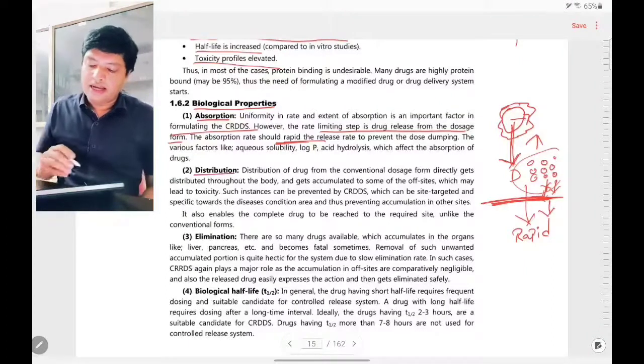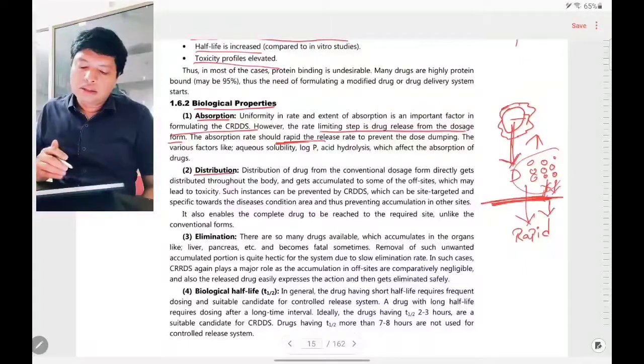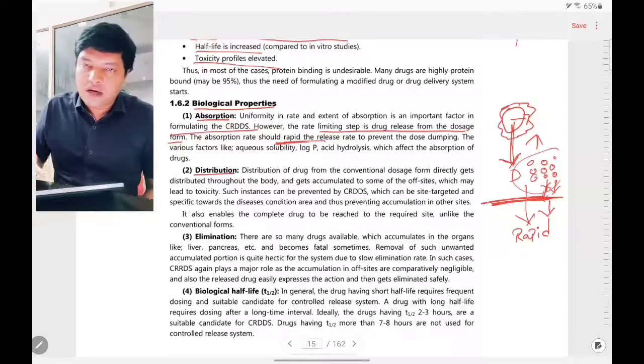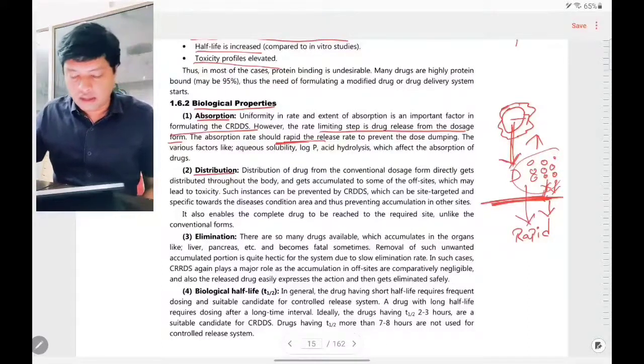Then distribution. How does distribution affect the design of controlled drug delivery?